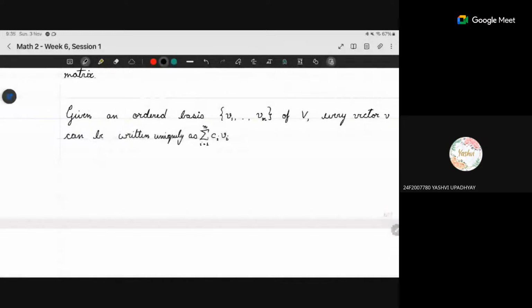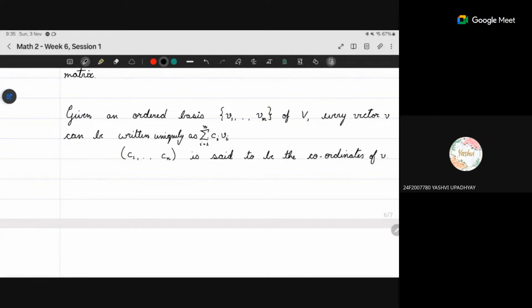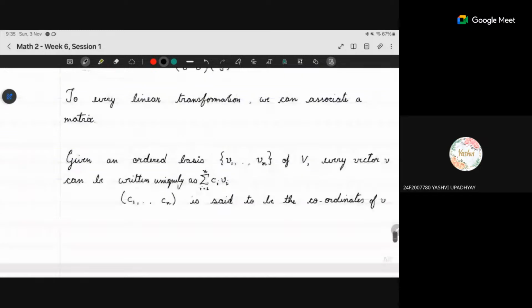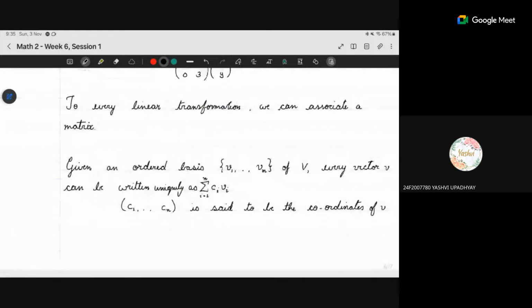So every vector v can be written as this. So this set of real numbers c1 to cn is said to be the coordinates of v. Now this vector space V could have been something which does not look like Rn as it is, but the coefficients with respect to some basis is always an n-tuple of real numbers. And that is what we call the coordinates of v.